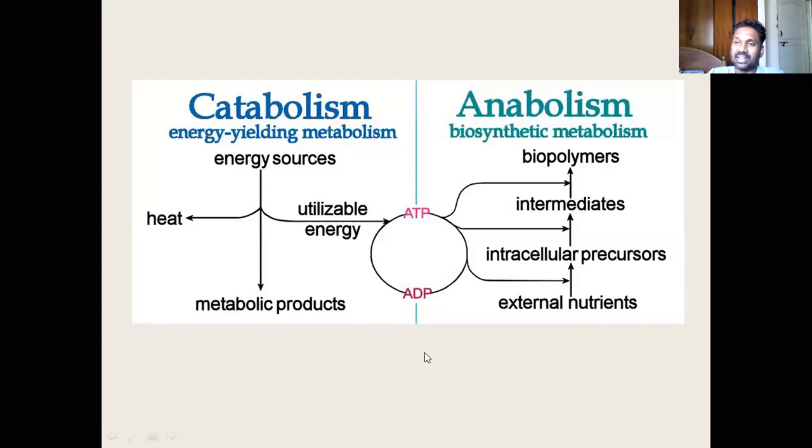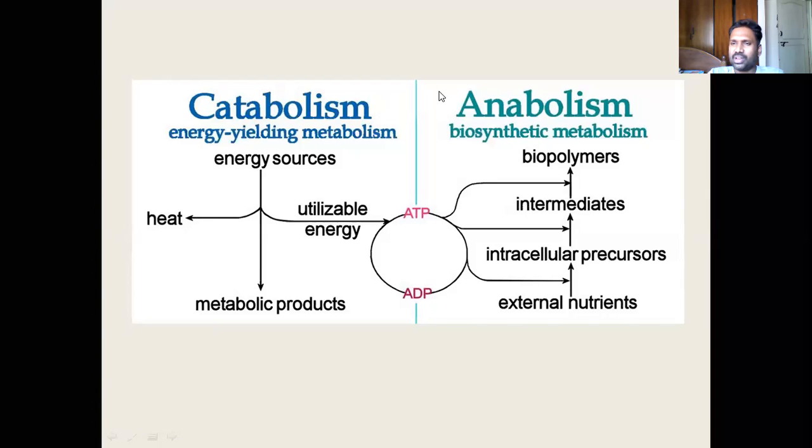You just have to connect the things you know to this term of anabolism. Anyone? Okay, waiting for answers in chat.